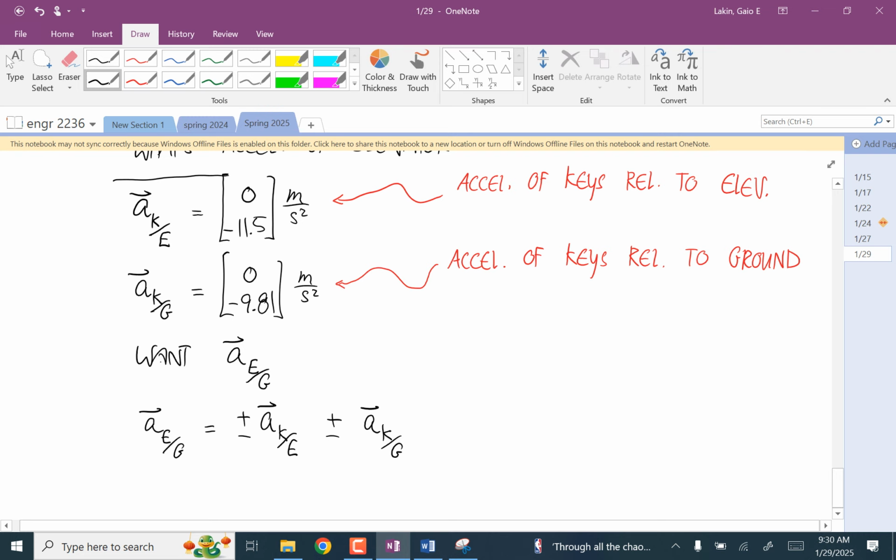So notice that to make the fraction multiplication work, we would want the elevator relative to the keys here, then it would work. So I'm going to take the negative of this. So this is negative acceleration of keys relative to elevator plus the acceleration of the keys relative to the ground.